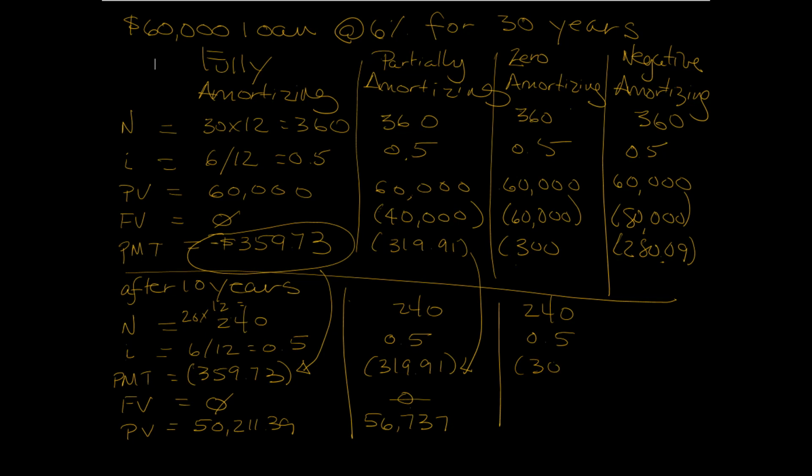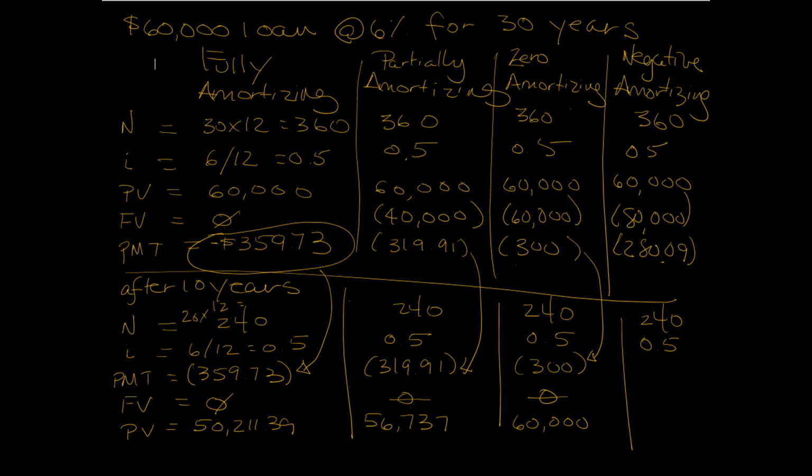For the 0 amortizing interest-only loan, it's negative $300. And for the negative amortizing loan, it's negative $280.09. We'll use 0 as our future value in all the cases, and we'll just solve for the present value.